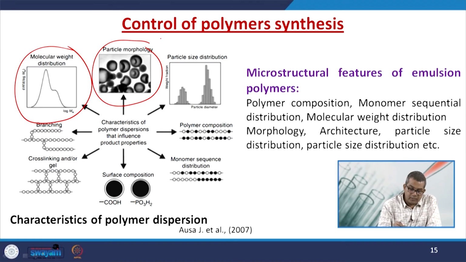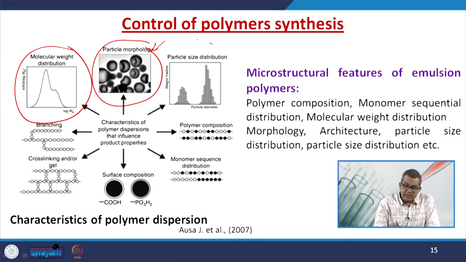So the polymer morphology again plays a vital role, and this becomes more and more critical when you use these polymer particles for some specific use, like catalytic support, support for various kinds of ion exchangers, or development of any kind of functional group over the surface of these polymer particles. So particle or surface morphology plays a very vital role.